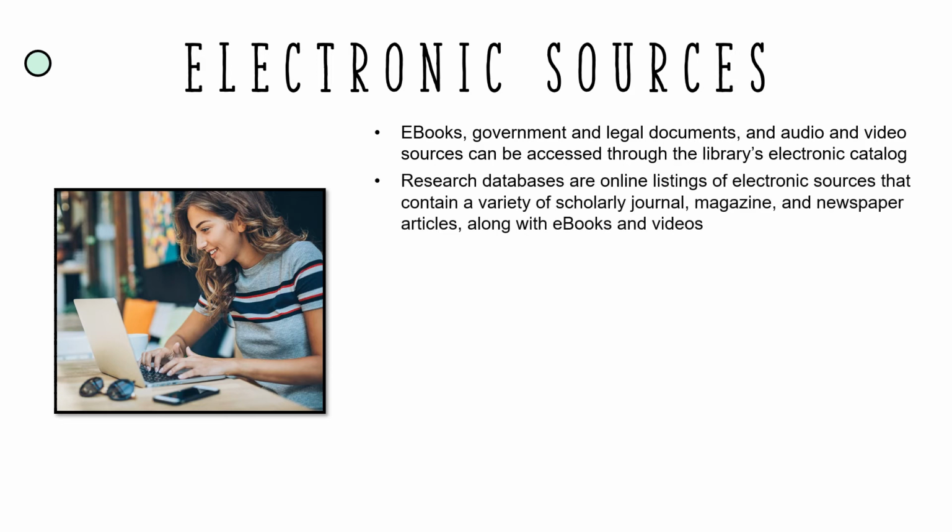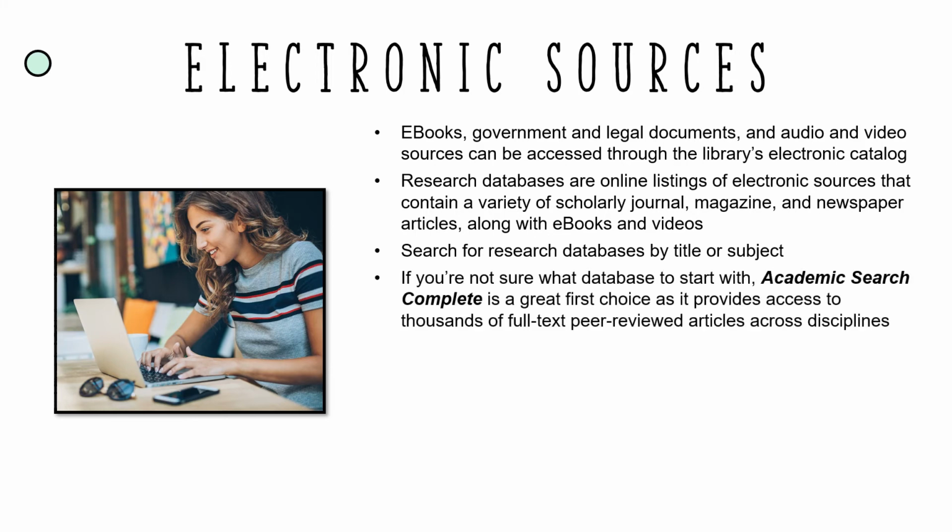Research databases are online listings of electronic sources that contain a variety of scholarly journal, magazine, and newspaper articles, along with e-books and videos. Most libraries allow you to search for research databases by title or subject.